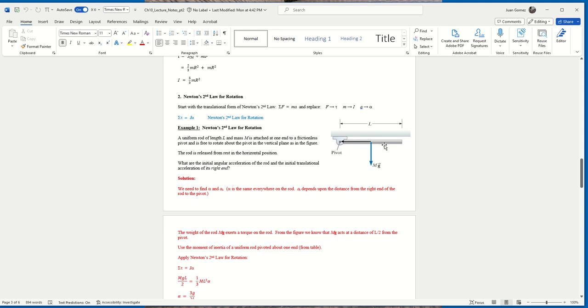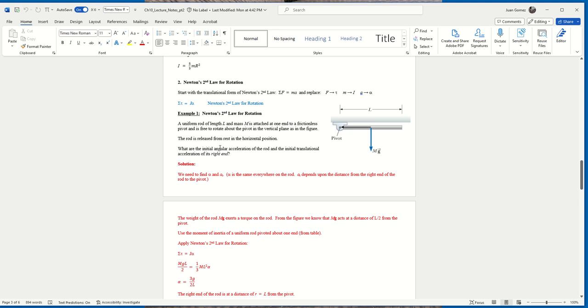In other words, when you release the rod from rest, the weight of the rod, which acts at the cm of the rod, will pull it down, and hence the rod will rotate about that pivot. So the weight of the rod, mg, is exerting a torque on the rod, because that mg is the force that's causing the uniform rod to rotate about the pivot.